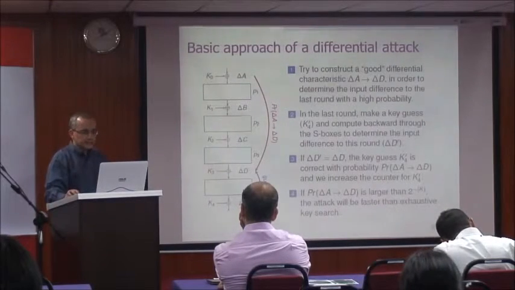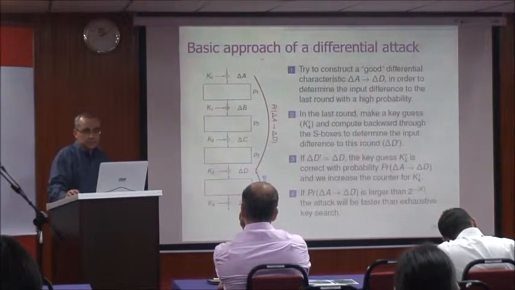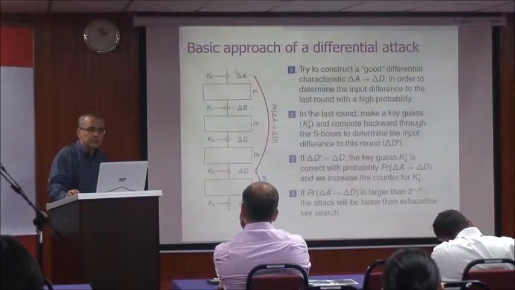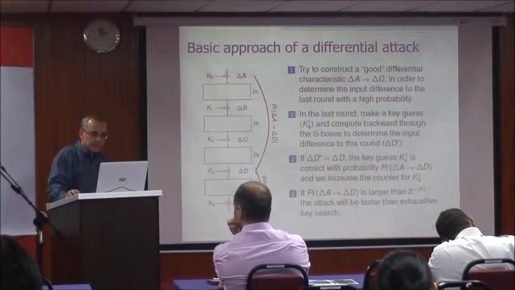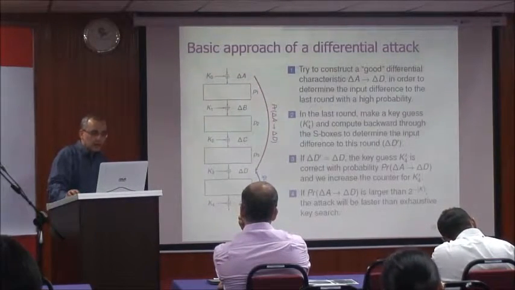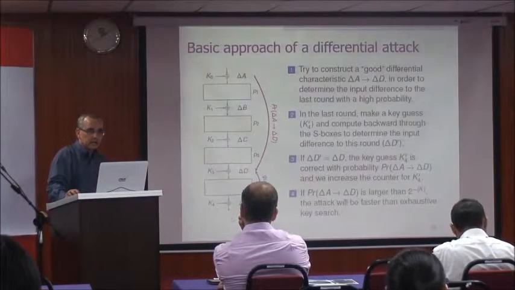So again, as I told you, all the attacks we were explaining on block ciphers start by building a distinguisher. In our case, when you're doing differential cryptanalysis, you are going to look for differences that have higher probability of propagating through the first R-1 rounds.